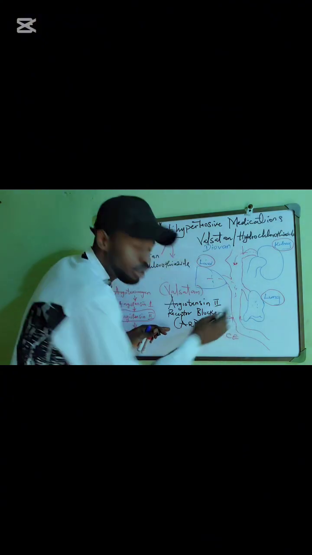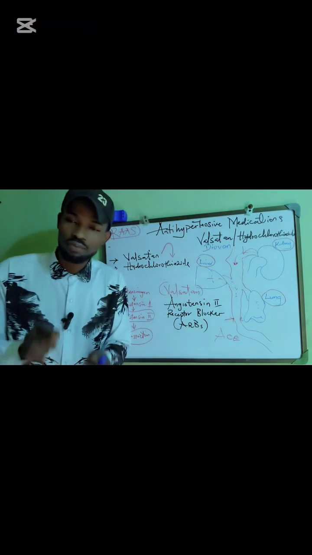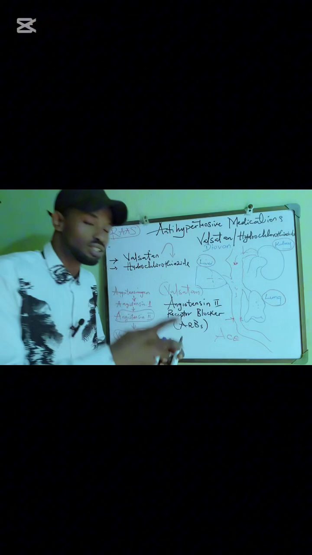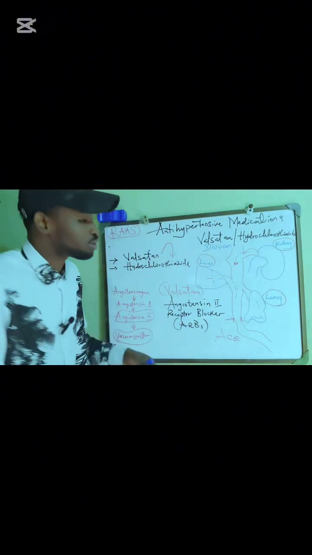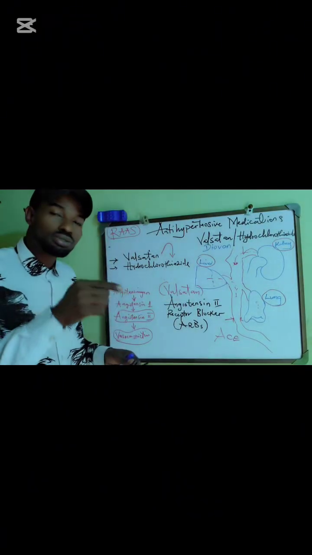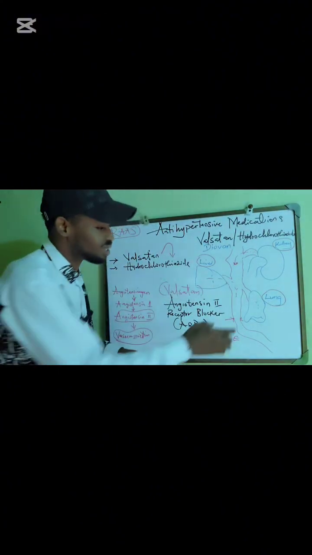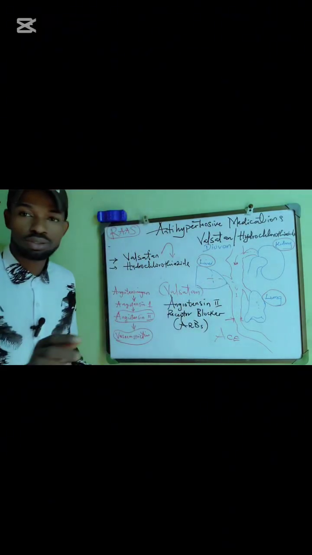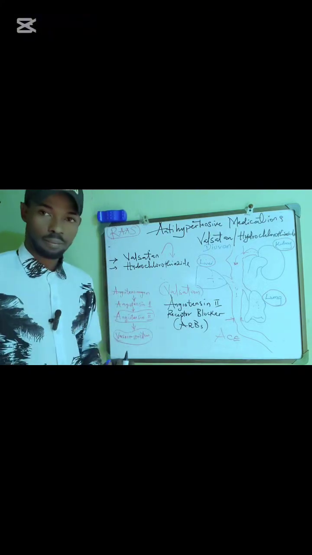You remember amlodipine that we talked about earlier blocks the influx of calcium, because influx of calcium leads to constriction of the blood vessels. Even so, what hydrochlorothiazide is going to do is remove the already existing excess calcium and fluid inside the blood vessels, so that with time it's going to regulate the blood pressure.